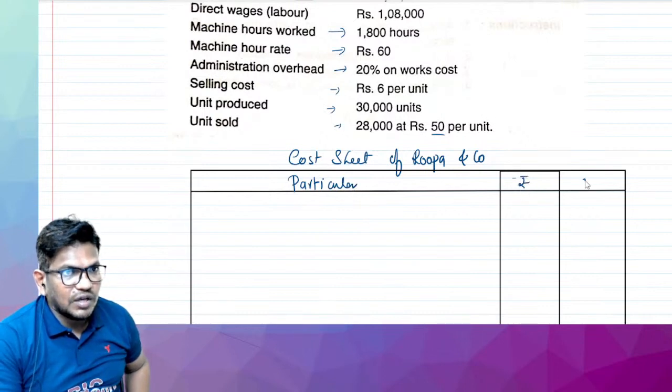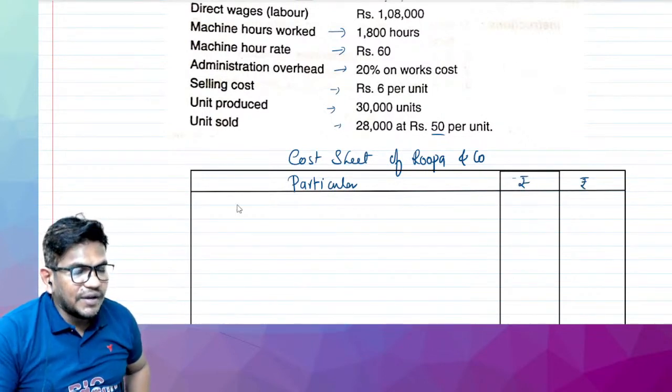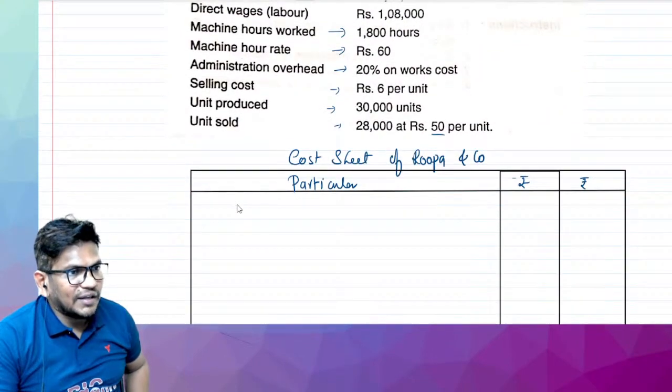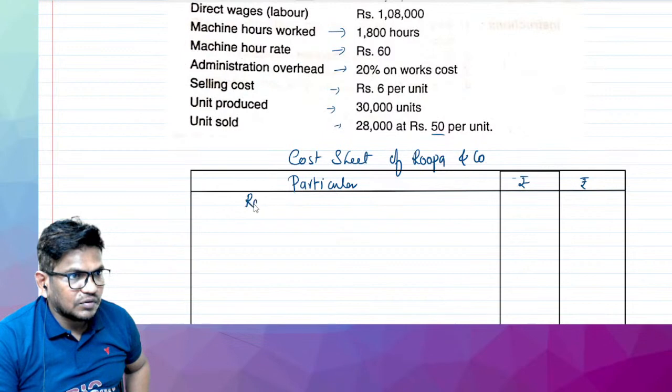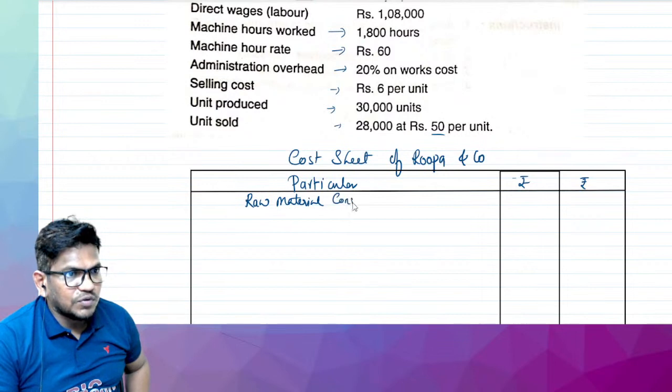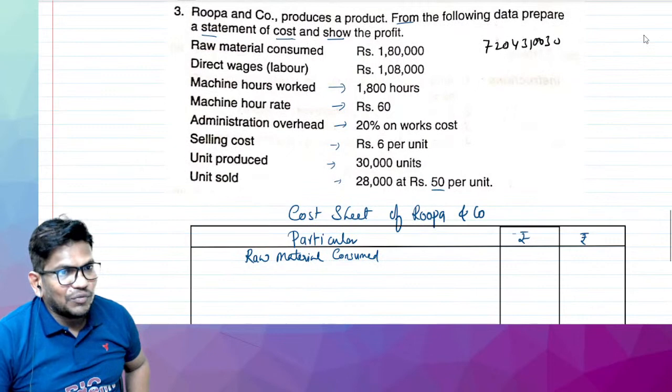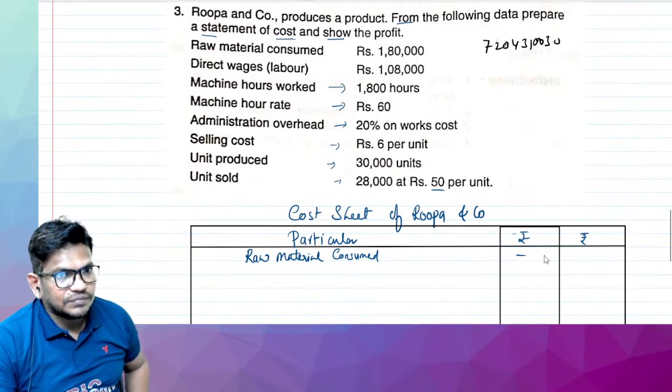Particulars, amount. Okay, next, first what is it? Raw material consumed. How much? 1,80,000.